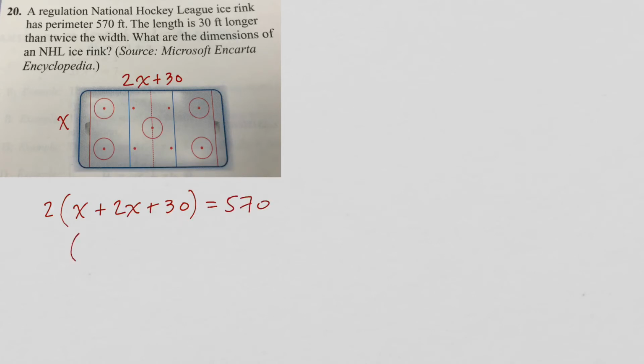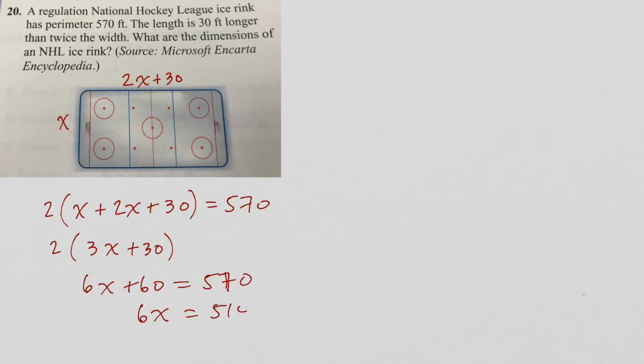So this becomes 3x plus 30, excuse me, times 2. This will be 6x plus 60 is equal to 570. So 6x is equal to 510.